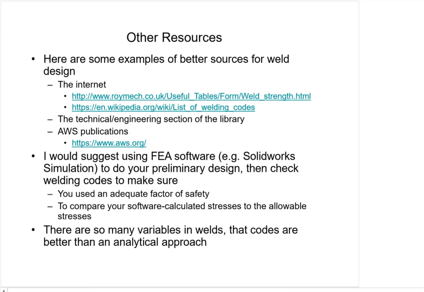Here are some other better resources for weld design. On the internet, there's a couple of useful tables, useful tables for weld strength. This is a good one right here: a list of welding codes. Like I mentioned before, the technical and engineering section of the library, and especially the AWS website right here.